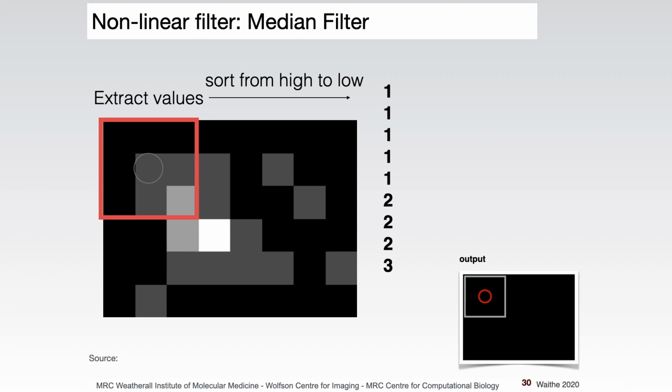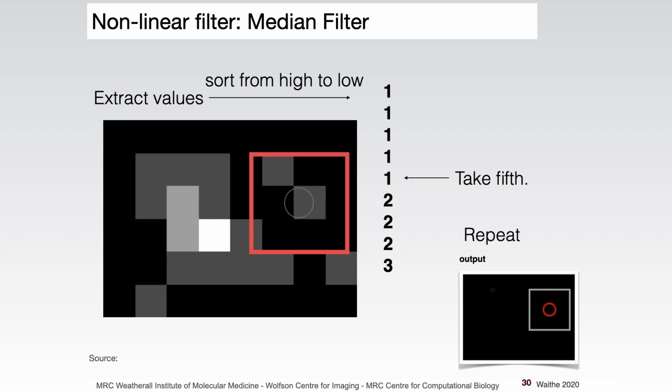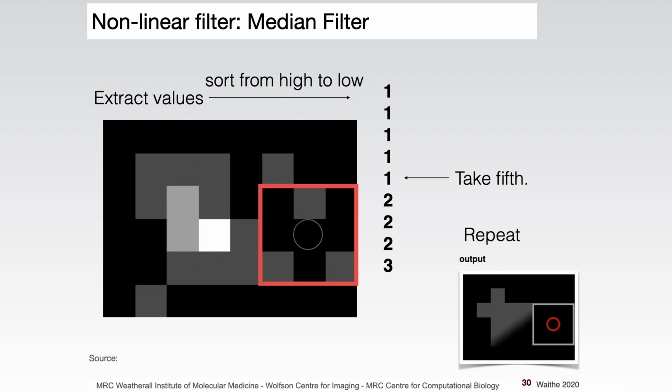With a median filter, we just take the middle value once they've been sorted. There are 9 values, so we take the 5th value, and this goes in our output here. In each location we take the median value, then move to the next location and repeat it, and you'll see that we get an output image.